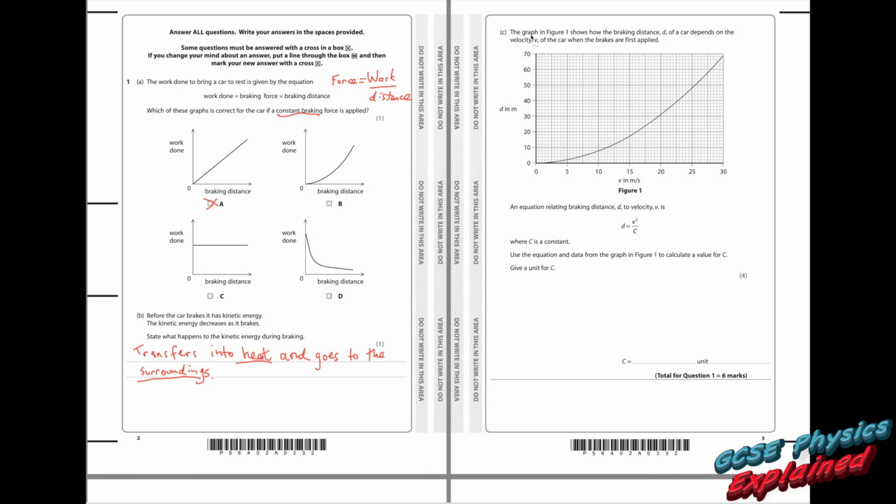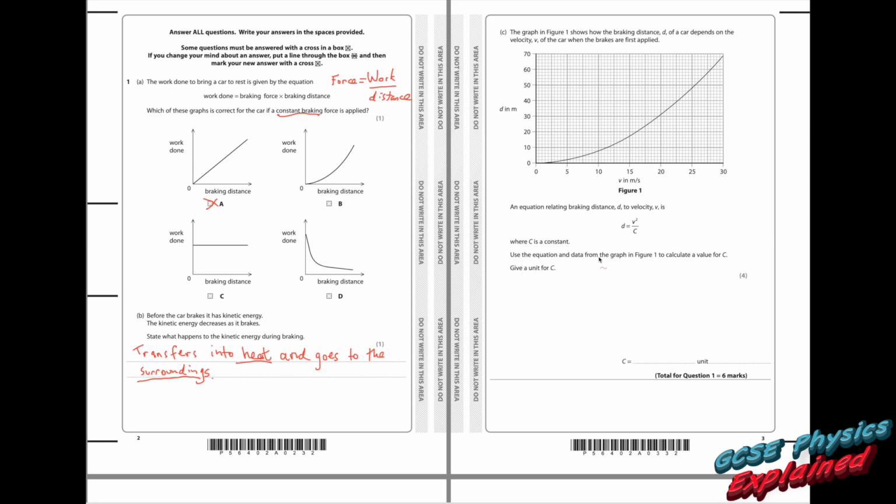Question C. The graph in figure 1 shows how the braking distance d of a car depends on the velocity v of the car when the brakes are first applied. An equation relating braking distance d to velocity v is d equals v squared over c, where c is a constant.